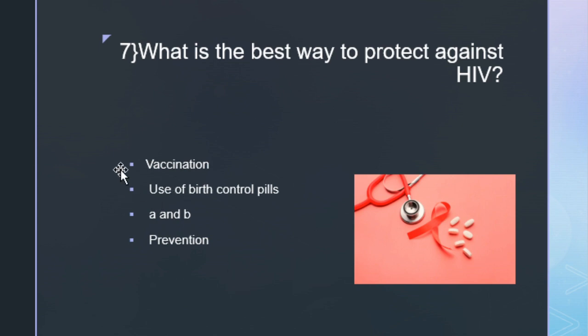So the first option is not correct. Second, use of birth control pills is useless because it transfers by unprotected sexual contact, so it is not suggested to take birth control pills. So the second option is also not correct. Third is of course not. And fourth, prevention. Lastly, prevention is the only correct way to be protected against HIV. So our correct option is prevention.